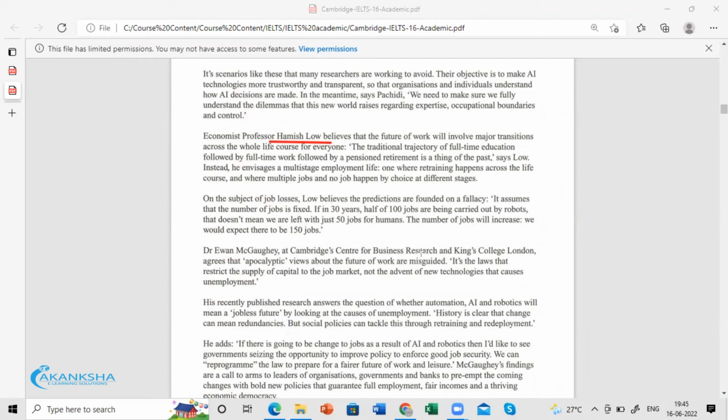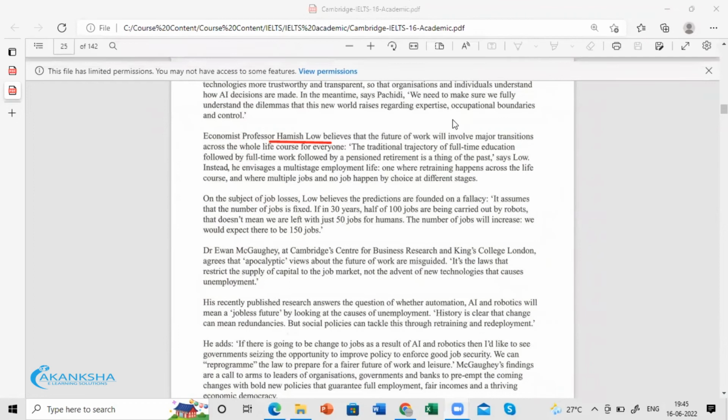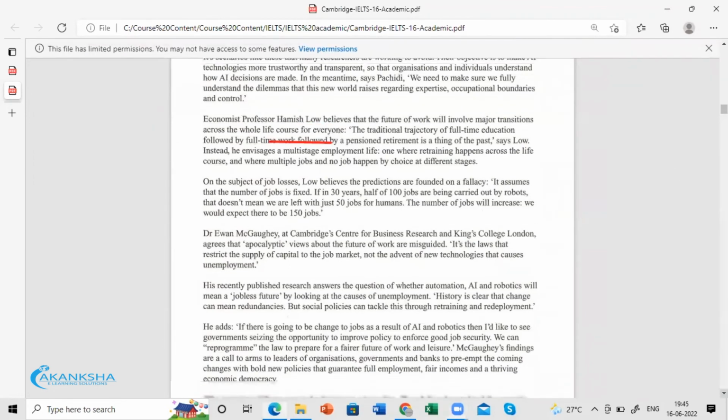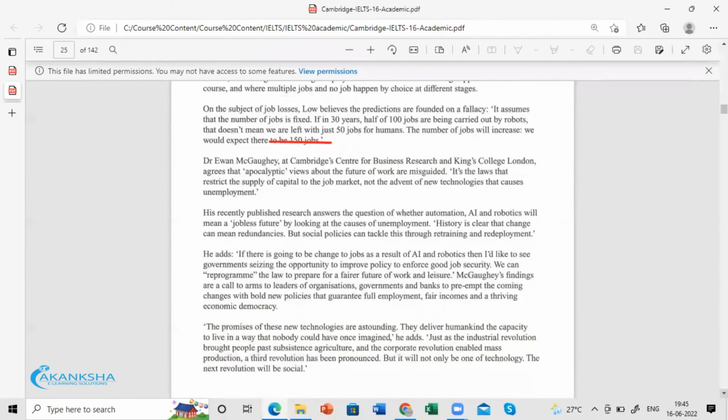Okay, Hamish Low. Well, he is there in paragraph 1 and in the immediate next paragraph, actually nowhere else.